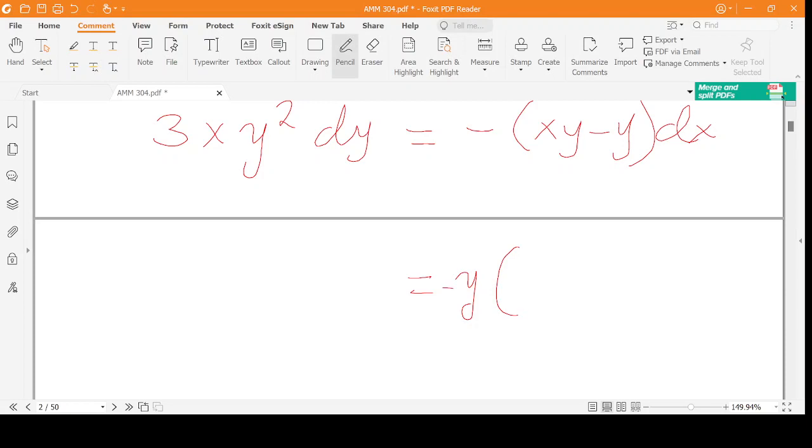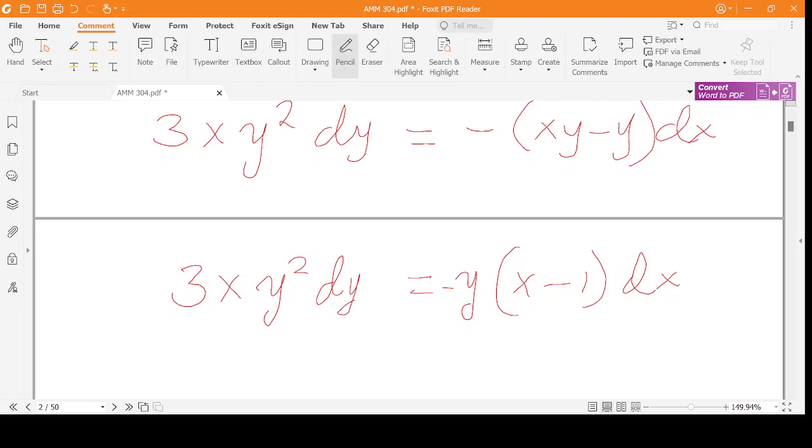Note that there is a negative here. So when I factor out y, I'm going to have minus y, then I'll have (x minus 1) dx. And on this side, we still have 3xy squared dy.